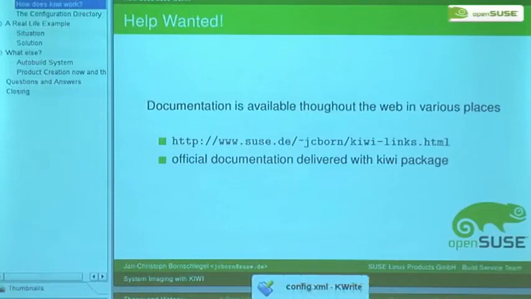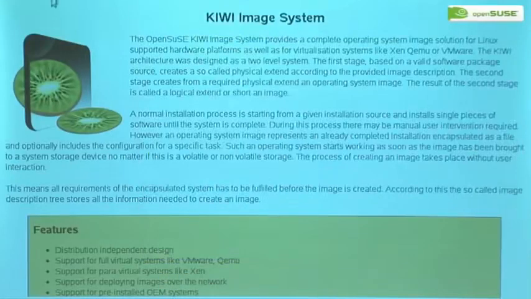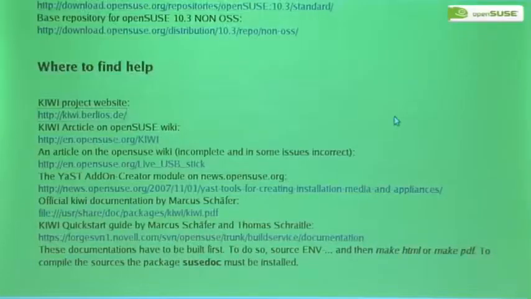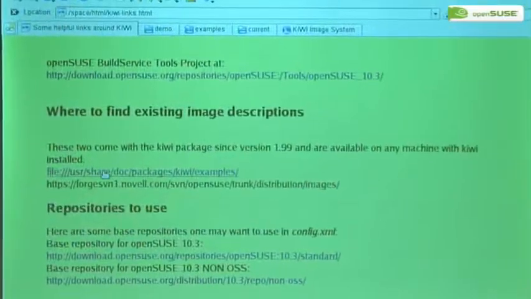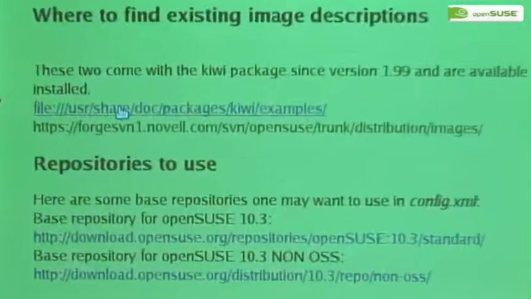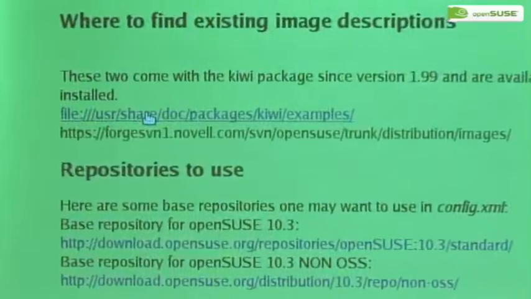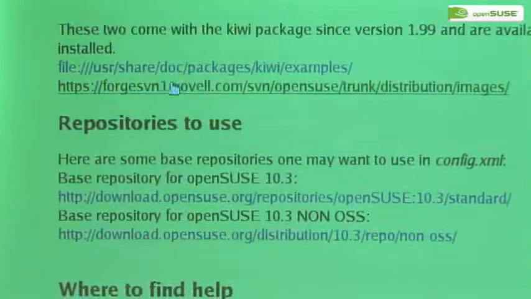The website was just a quick hack written on Thursday to collect all the links for the download repository. So you can get examples. These two examples are in the normal documentation. You get this if you install the Kiwi package. And the openSUSE images are in Forge SVN.